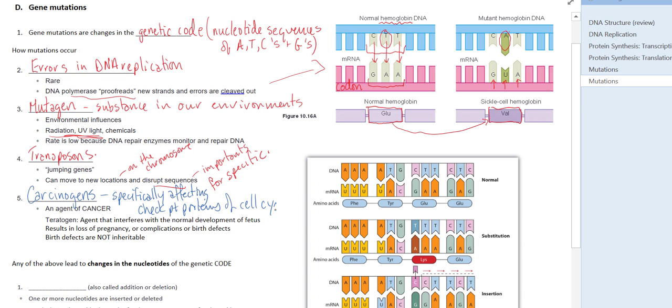So that leads to the uncontrolled cell division. Whereas mutagens could be just any substance that influence any gene within our body, versus carcinogens, which tend to specifically impact those proteins that ultimately lead to the development of cancer.